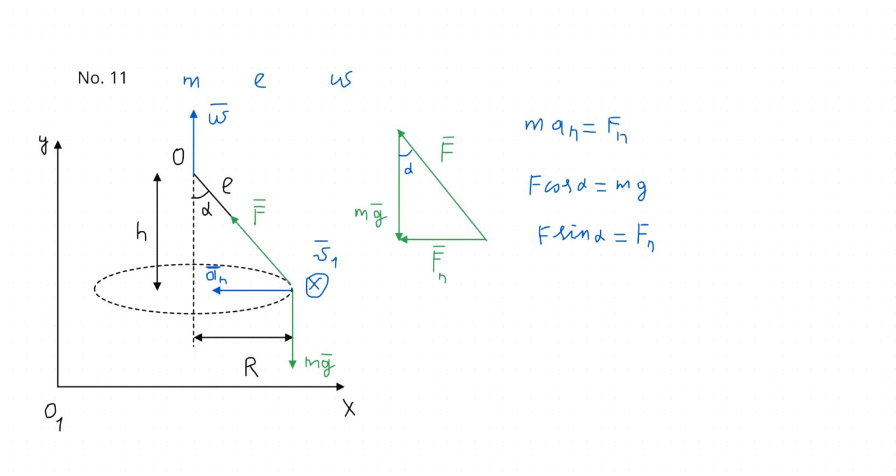The variables are Fn, a_n, alpha, and F. F can be excluded, but we still need one more equation.